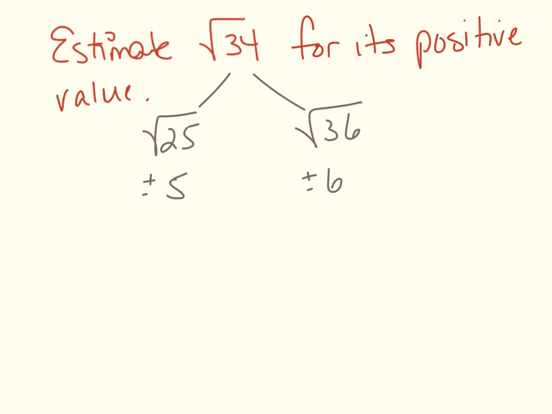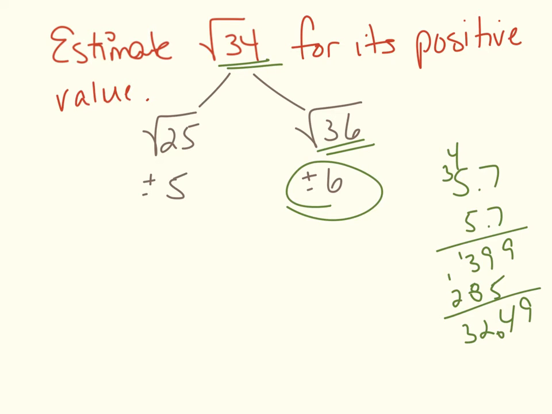As you see, 34 sits between the perfect squares of 25, which is 5 times 5, and 36, which is 6 times 6. So estimate-wise, we realize that the square root of 34 is not over, but it's kind of close to 6. And I chose 6 because 34 is closer to 36 than it is to 25.